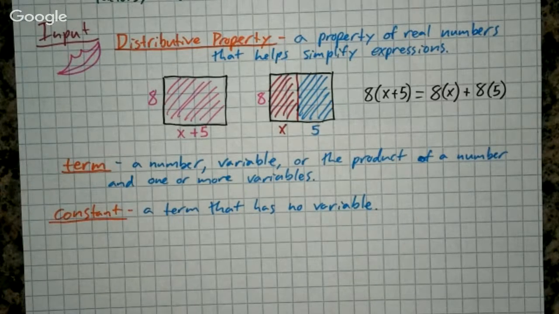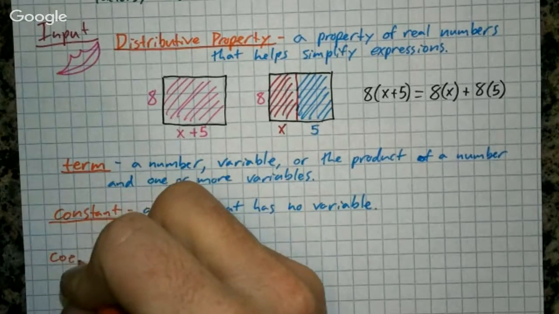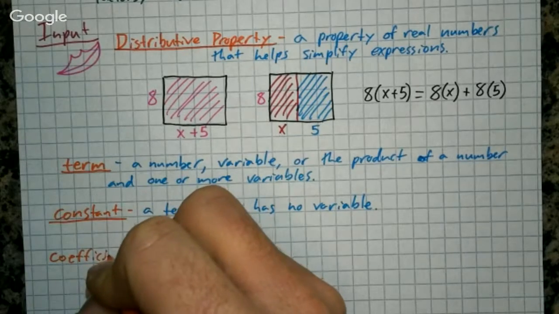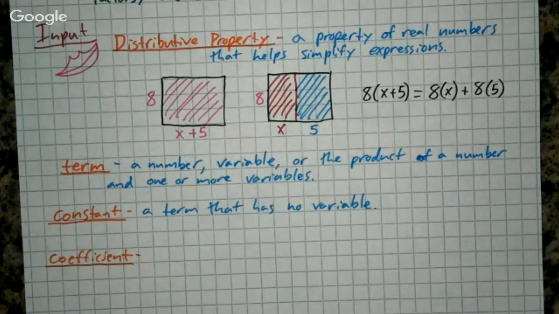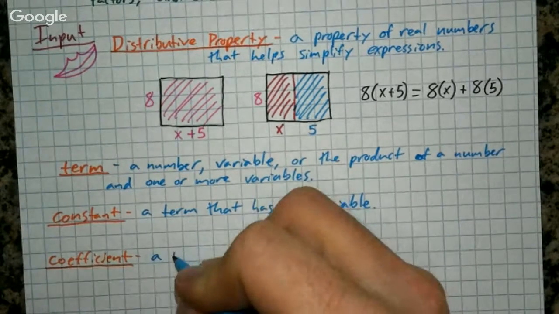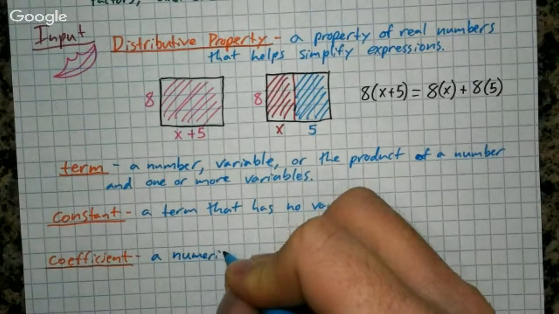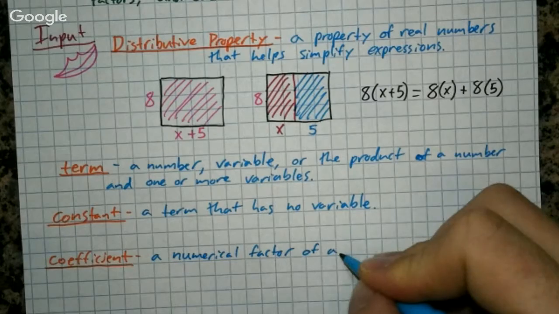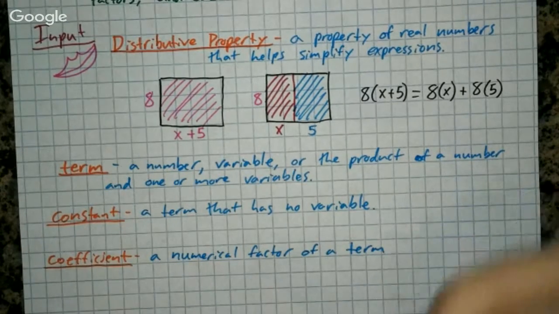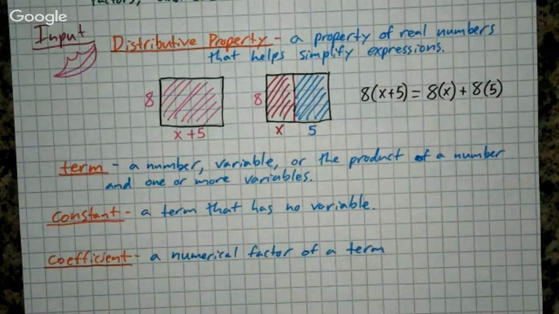All right, the next one is a coefficient. And a coefficient is just a numerical factor of a term. Remember, a term can be a number, a variable, or the product of a number and one or more variables.